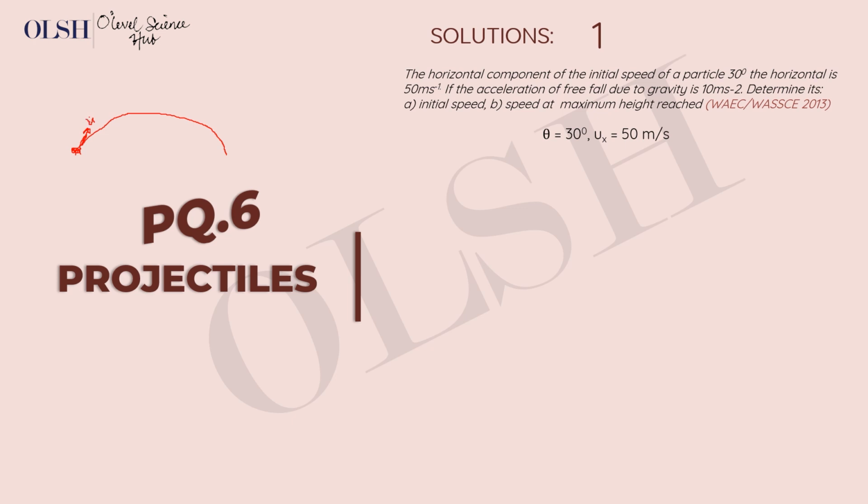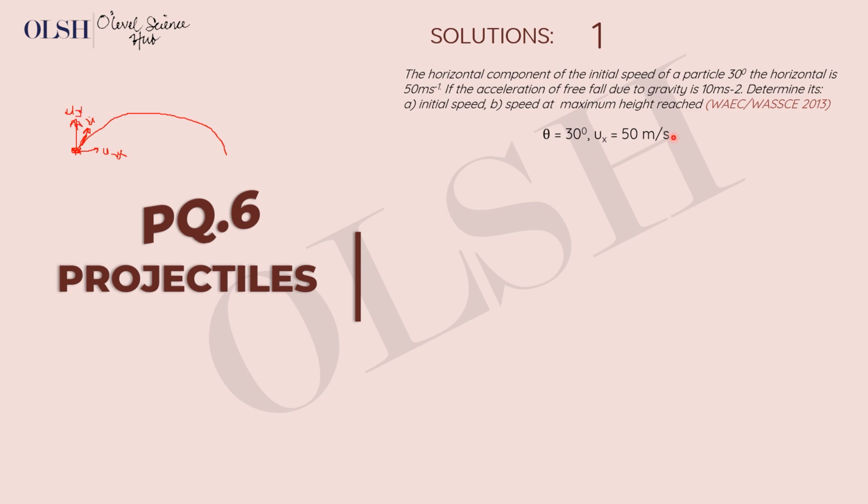Now this velocity has a horizontal component to it, which I have called ux, and it also has a vertical component to itself, which I can call uy.